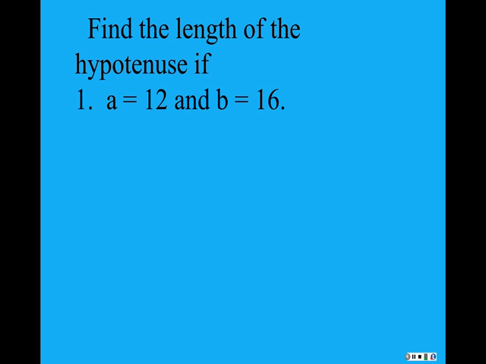What's the opposite? No, not divide. What's the opposite of squaring? No, square root. C is going to be the square root of 400. What's that? You can do that in your head. 200, not 200. 20. 20 times 20 is 400.